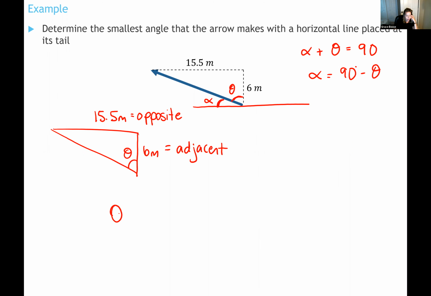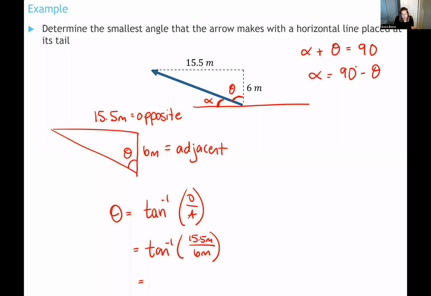So theta is equal to the inverse tangent of the opposite over the adjacent. So that's the inverse tangent of 15.5 meters divided by 6 meters. You plug that into your calculator. I get 68.8 degrees.